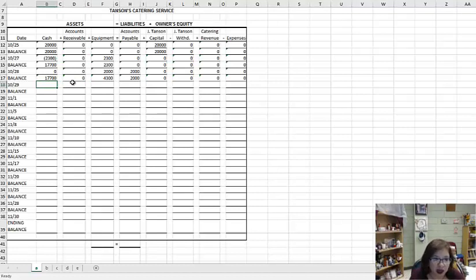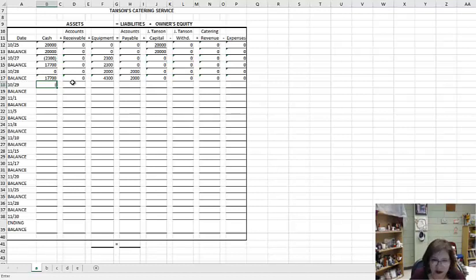So on the 29th, we end up here, and it says he paid $900 to Ryan Company as partial payment of the October 28th transaction, meaning the day before. So he's going to take money out of cash.